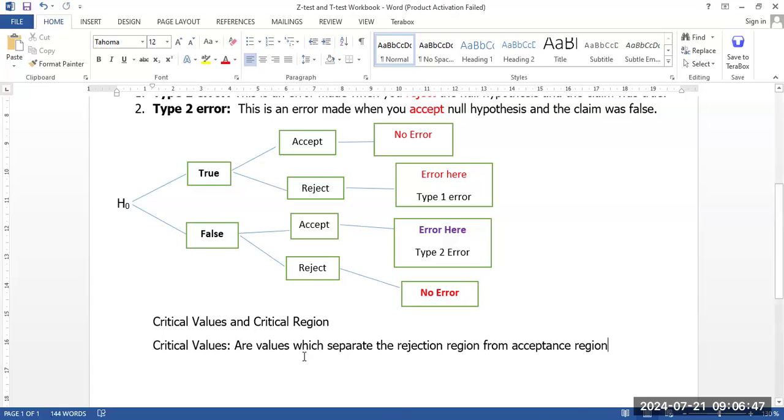Critical values are values which separate the rejection region from acceptance region.